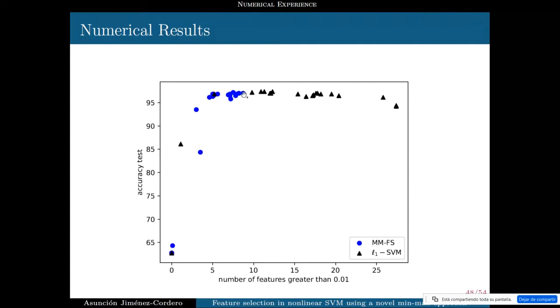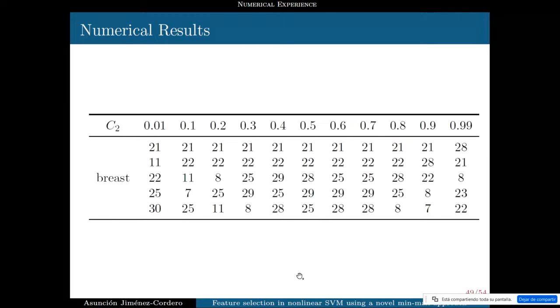So we see here in blue the accuracy results of our method for different values of C. Each triangle corresponds to a value of C, and here the accuracy results in black are for the L1 SVM method. And we can see that our approach is able to have the very same results in terms of accuracy, but using a smaller number of features.